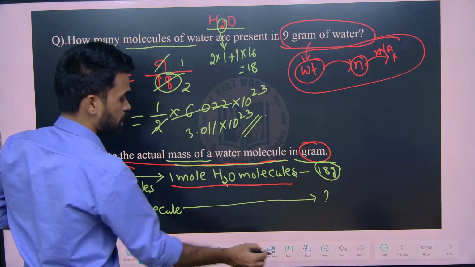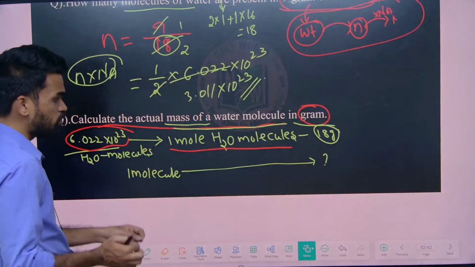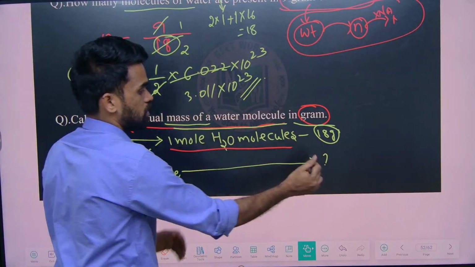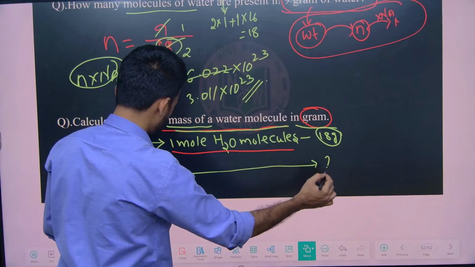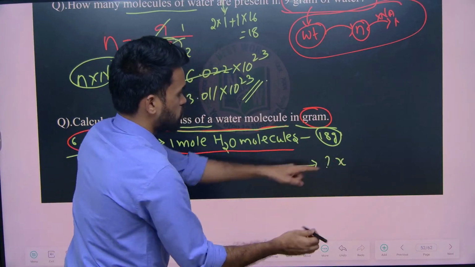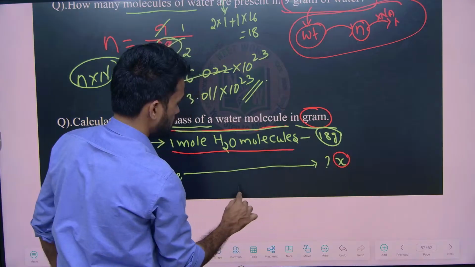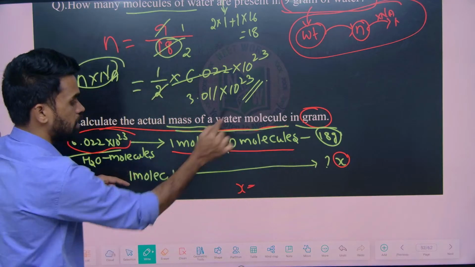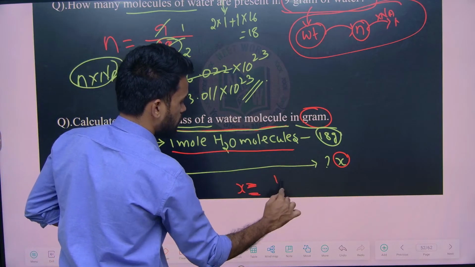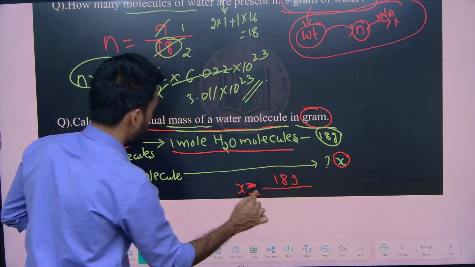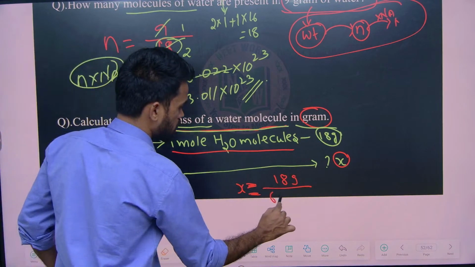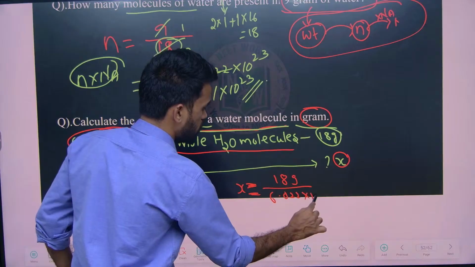Let it be x. This is the unitary method we are using here. So x will be 18 into 1, divided by 6.022 into 10 power 23.